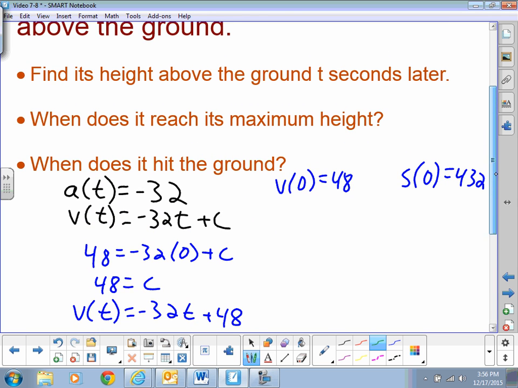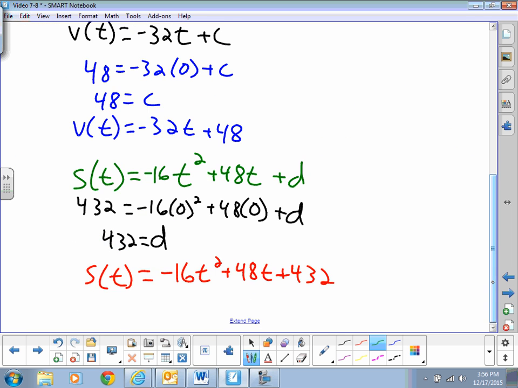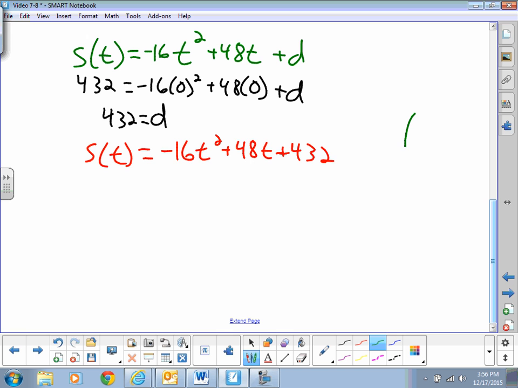The next thing we wanted to do is we wanted to know when does it reach the maximum height. Well, this is a quadratic with a negative a value, so it should be a parabola opening down like that. Our maximum height will occur here. When our maximum height occurs, our tangent line will have a slope of 0. Your tangent line will have a slope of 0 when your derivative is equal to 0.